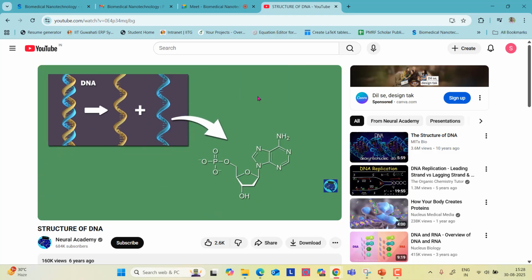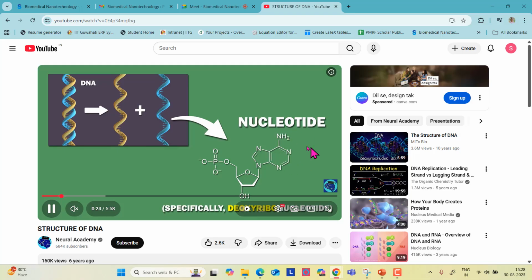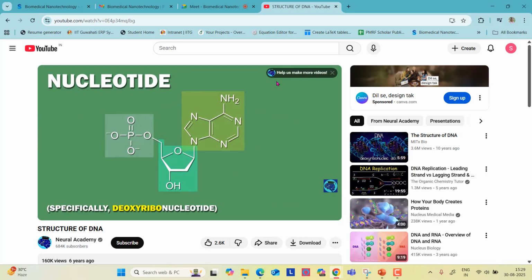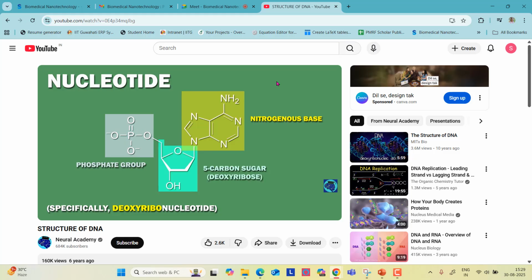Okay, so it is a form of nucleotide. The nucleotide we just learned is the sugar and the base portion. Right, and this is the nitrogenous base, this is the phosphate group, this is the 5-carbon sugar, and the total is called a nucleotide.